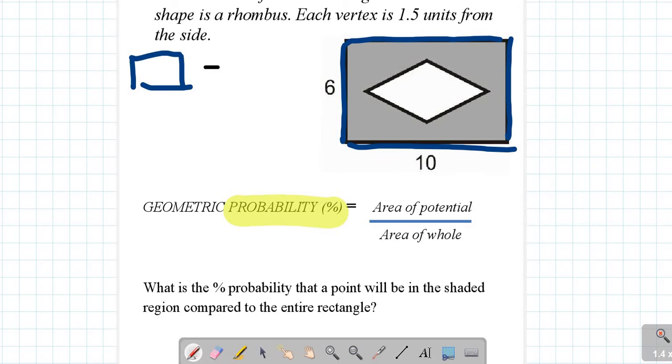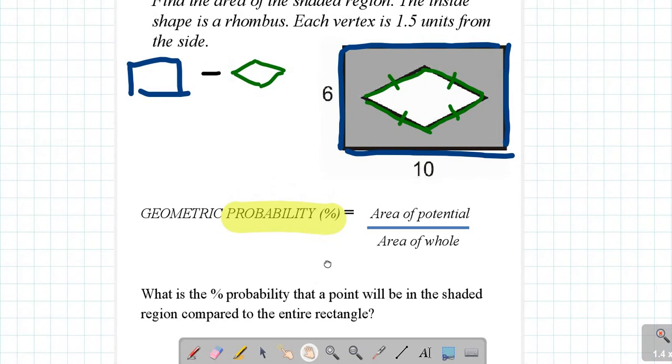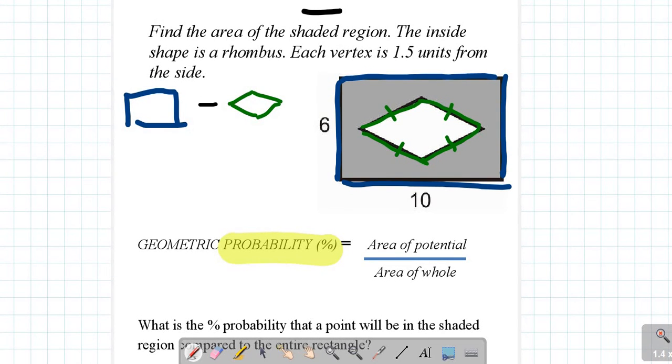This one is negative, so we're going to do rectangle minus. We were told this is a rhombus, so mark all 4 sides equal. And then we're told that the vertex is 1.5 units away going all directions.